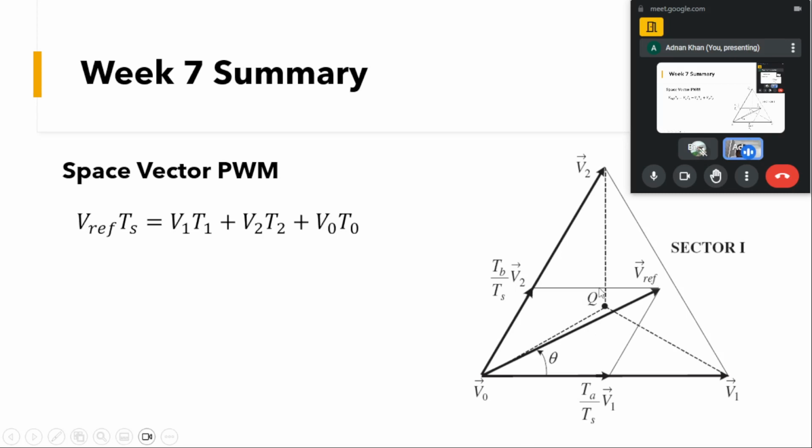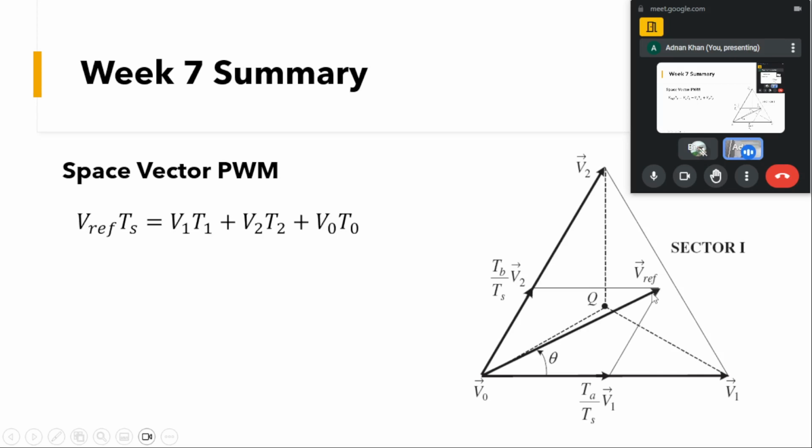Now if we want to have vref towards this v1, that means we will switch v1 for more time than v2, that means t1 will be greater than t2. Now if this vref is towards this v2 vector, we have to switch v2 for more time than the v1 vector. That means at that moment t2 will be greater than t1.